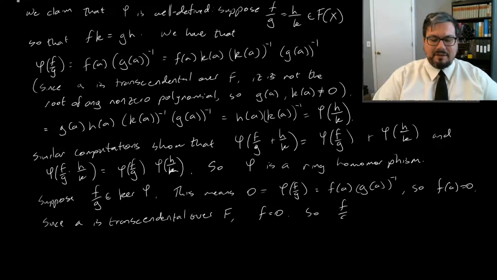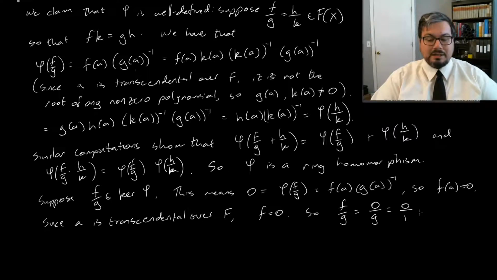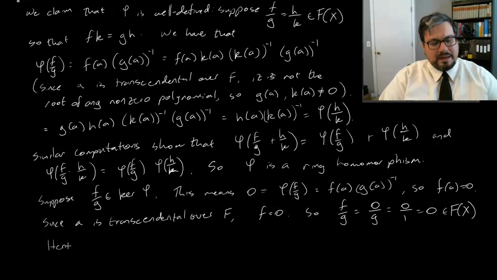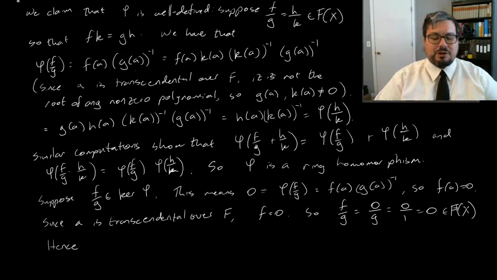So that means that f over g is equal to 0 over g, which is actually the same as 0 over 1, which is the 0 element inside the field of fractions of F adjoin x. Hence, the only element of the kernel is the 0 element, and so phi is injective.